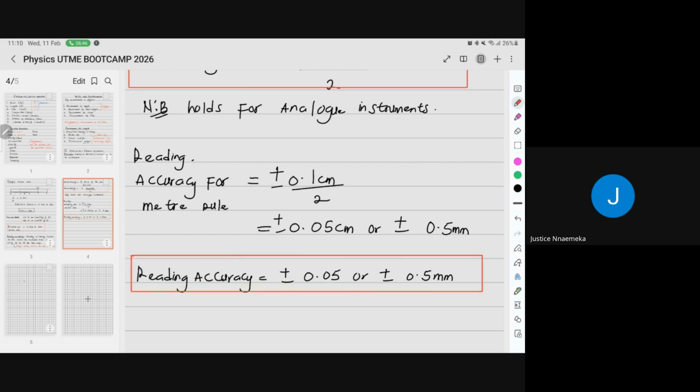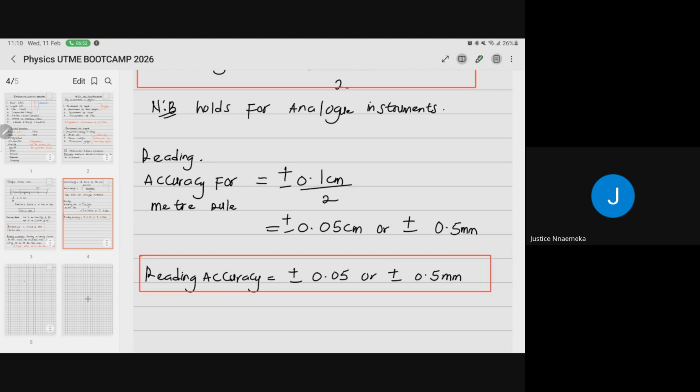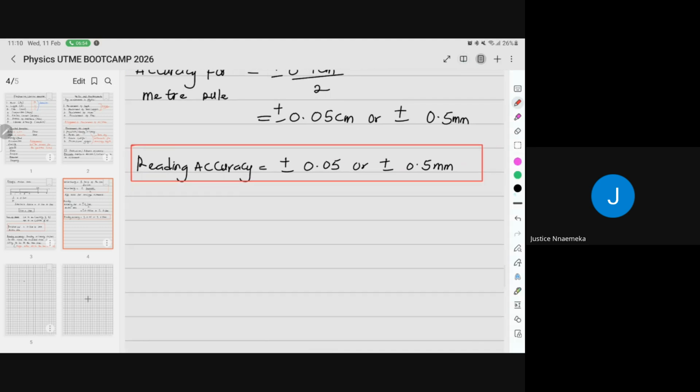So if I measure a particular value, let's say I give you something to measure, and that thing is 36 millimeter. It means my range of values can be 36 minus 0.5 and 36 plus 0.5, which is 35.5 millimeter and 36.5 millimeter.